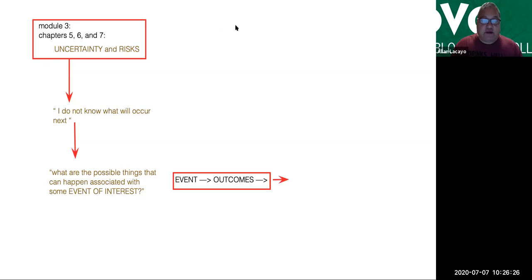And what we are going to be building are called probability spaces. And from probability spaces, we will then be able to measure something we call probabilities. And probabilities are values that help us assess the extent of uncertainty.